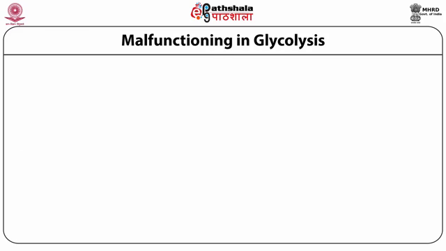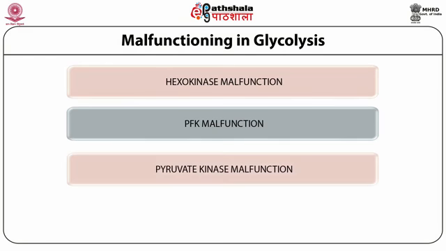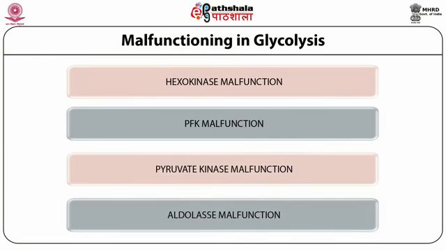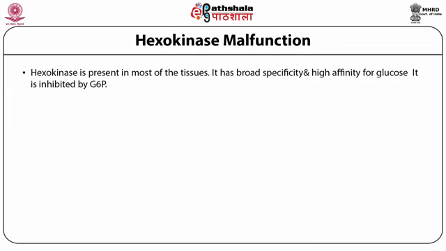There are certain malfunctions in glycolysis that have been observed, mainly hexokinase malfunction, PFK malfunction, that is phosphofructokinase malfunction, pyruvate kinase malfunction and aldolase malfunction. Hexokinase malfunction. Hexokinase is present in most of the tissues. It has broad specificity. It acts on many sugars.